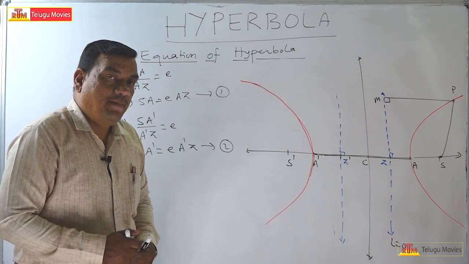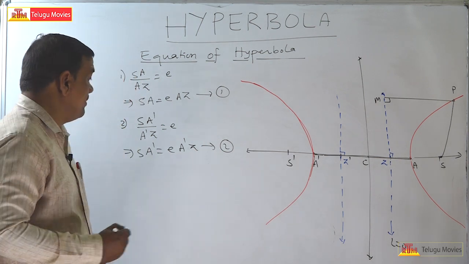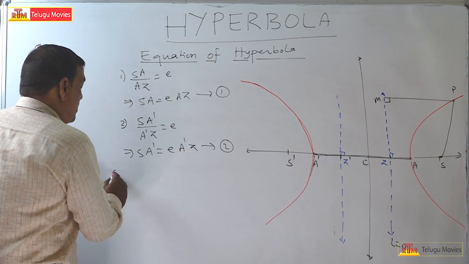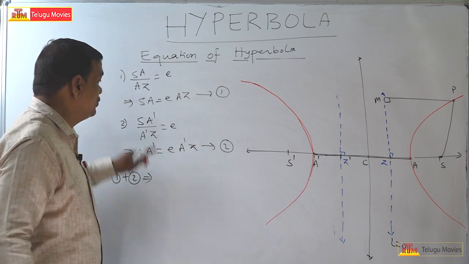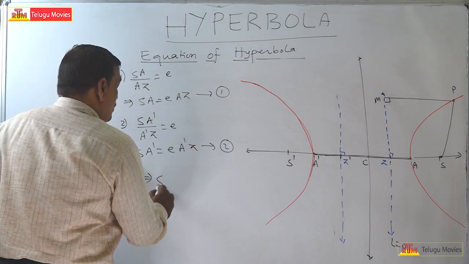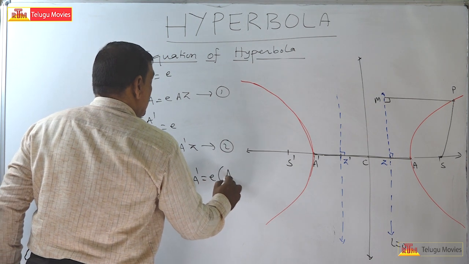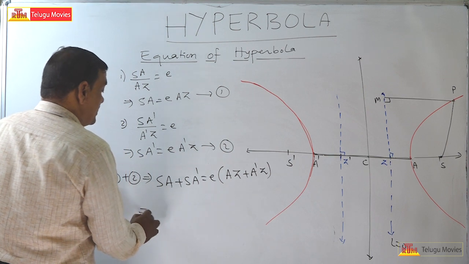Welcome back. Here I am going to get another relation. What I am going to do is add the first equation and the second equation. So SA plus SA dash is equal to E into AZ plus A dash Z. Now let us see what happens.